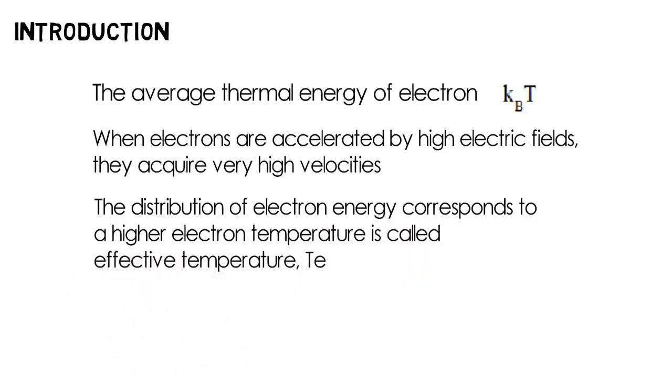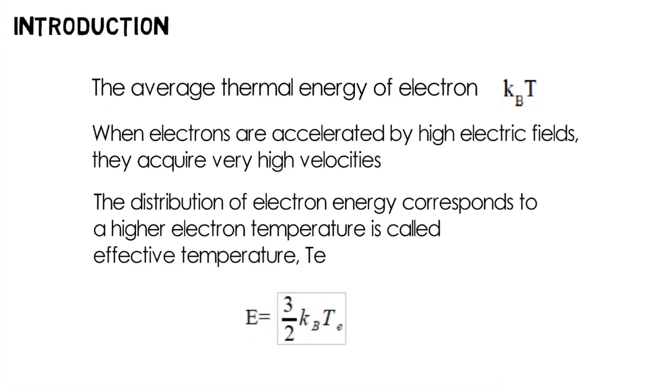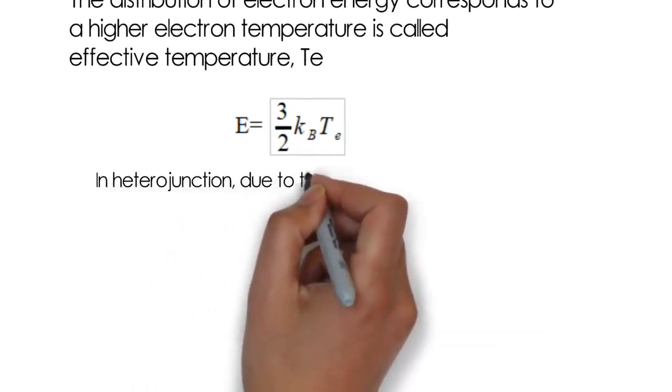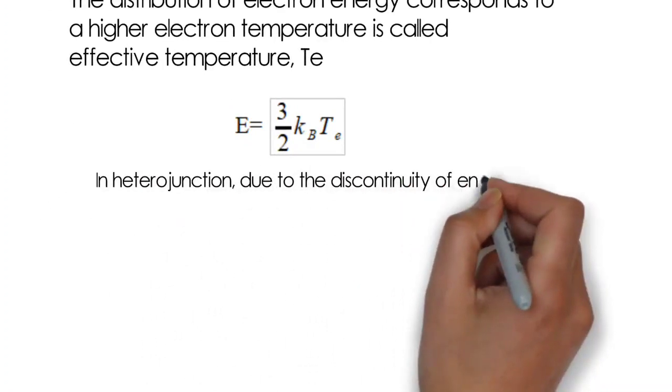and this effective temperature is represented as T_E, and the new average energy will be around 3/2 k_B T_E, where T_E is the effective temperature. So in a heterojunction, we know that there will be a discontinuity of energy bands.